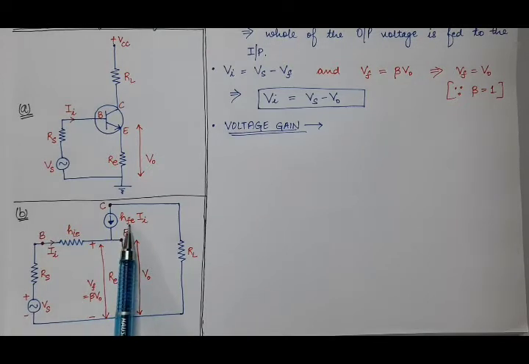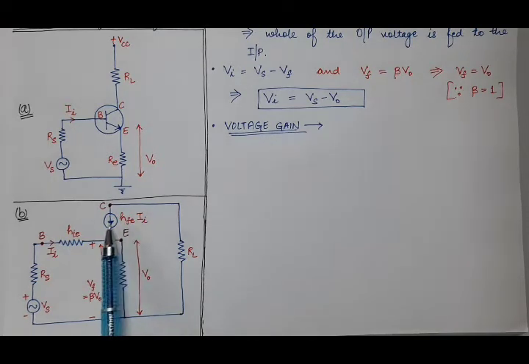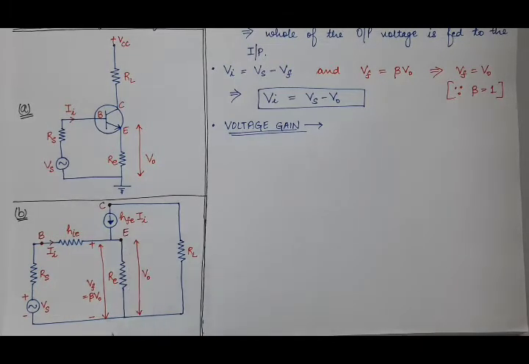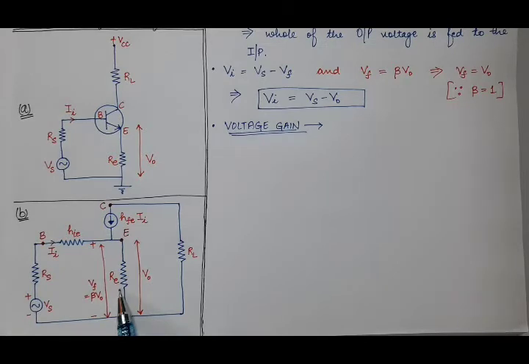Because hfe is the forward current transfer ratio, it has no unit, and any quantity having no unit multiplied by current represents a current source. And this is resistance RL. This terminal is the ground terminal, the emitter resistance Re is connected between the emitter and ground, and V0 is the output taken across Re.